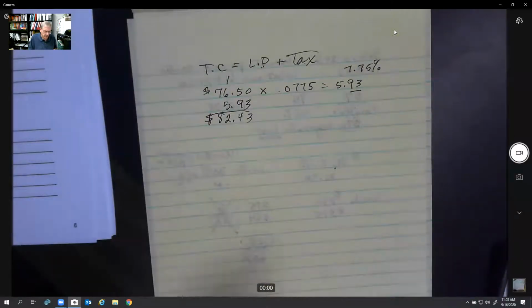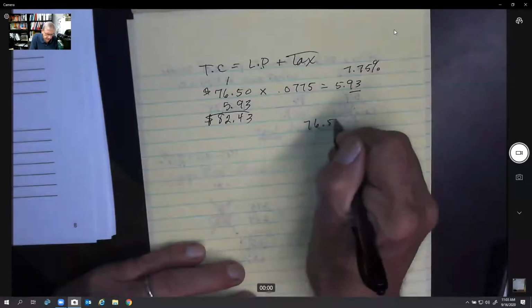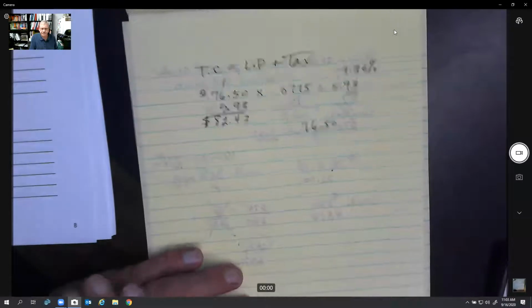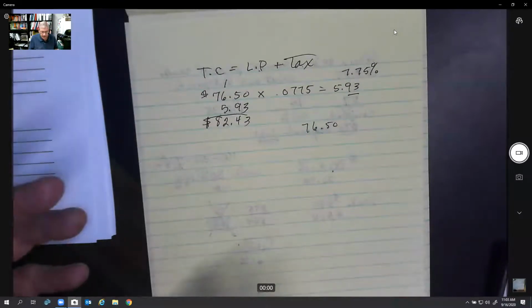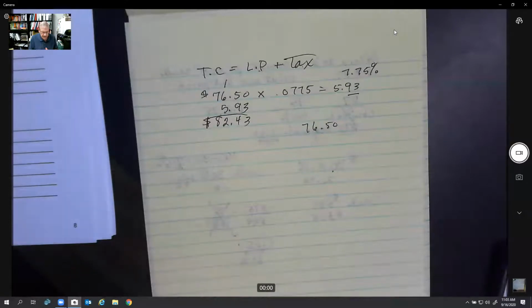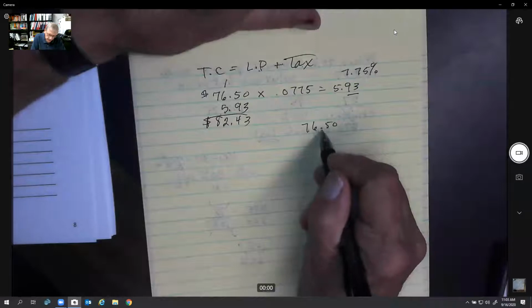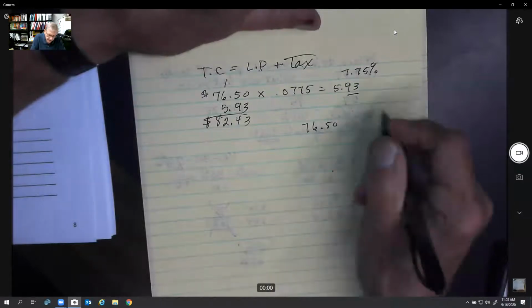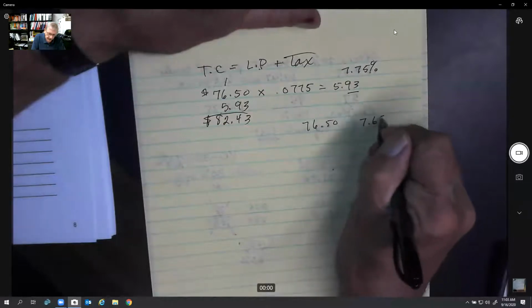When I go to the store, because say I saw this object for $76.50, I know when I'm going to ring out, it's going to be more money, right? So I just figure 10%. And the way I figure 10% real fast is I move my decimal point one place. And I think that's 7.65.